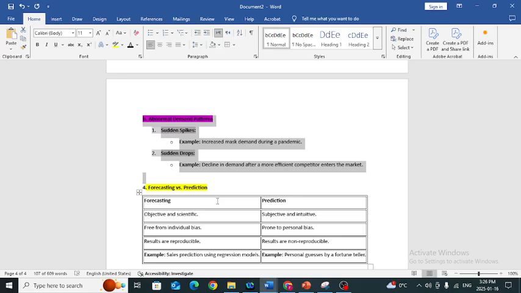But forecasting is objective and scientific and free from individual bias. Results are reproducible, for example, sales predictions using regression models. And prediction is subjective and intuitive, and prone to personal bias, and results are non-reproducible. For example, for this prediction, we can say personal guesses by a fortune teller.